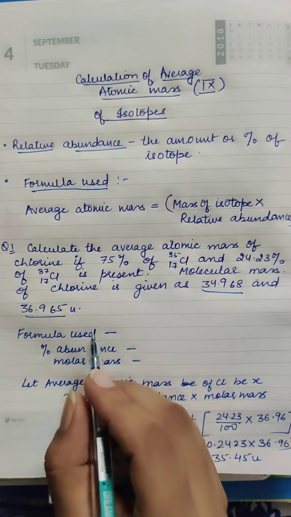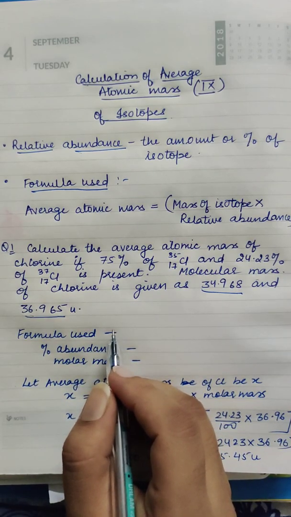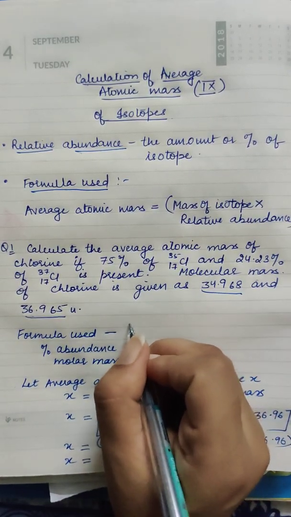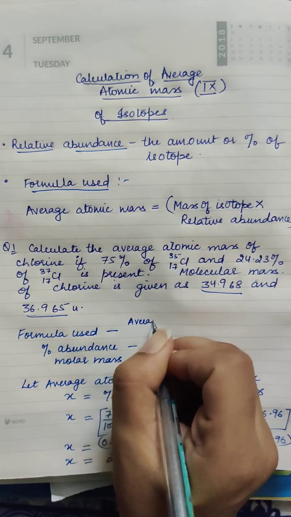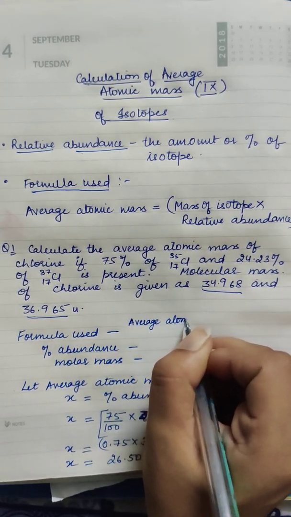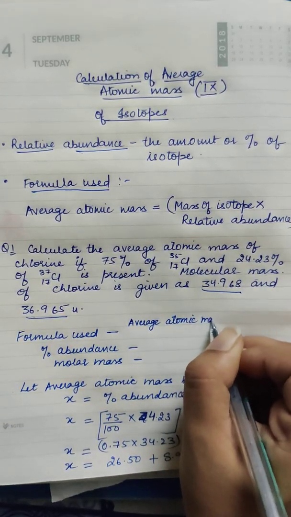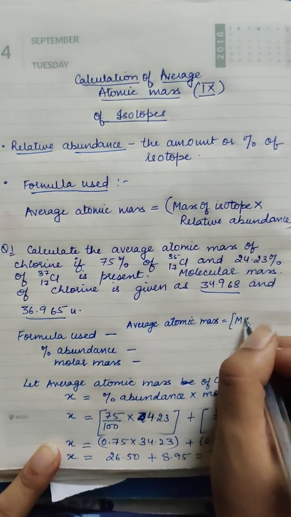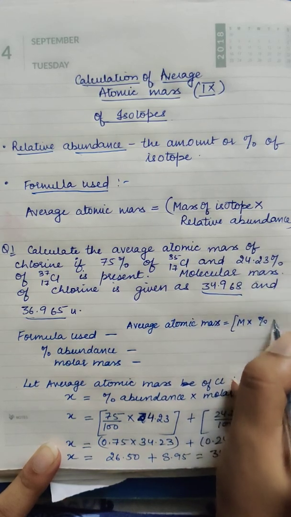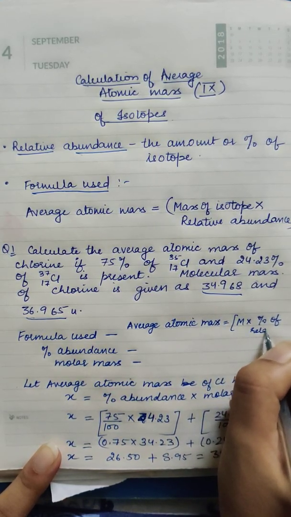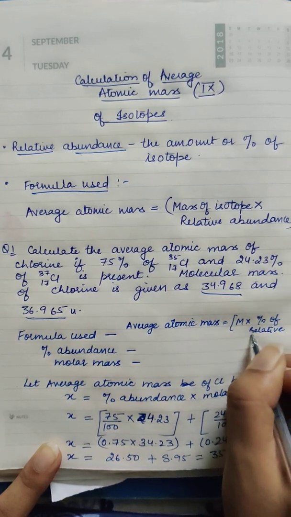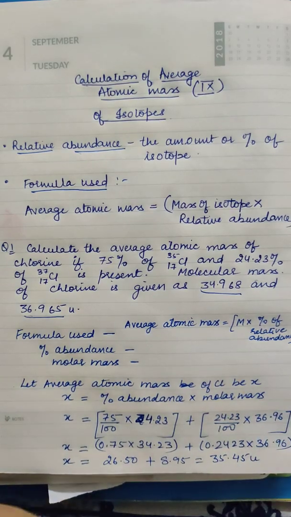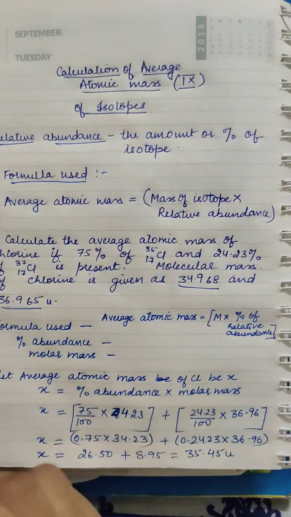First of all, in order to solve the question, I will write the formula used. The formula says that average atomic mass is equal to the mass of the particular isotope into the percentage of relative abundance, which we have already learned.